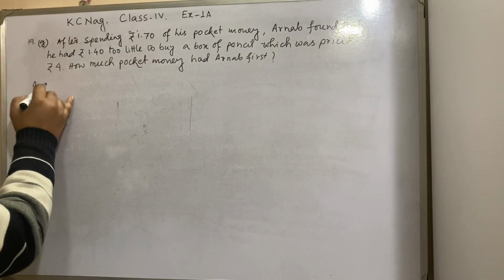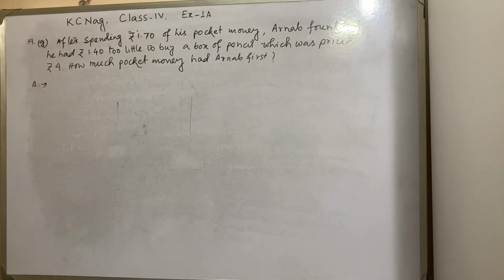So let us read the question out another time. After spending rupees 1.70 of his pocket money, Arnav found that he had rupees 1.40 too little to buy a box of pencil which was priced rupees 4.